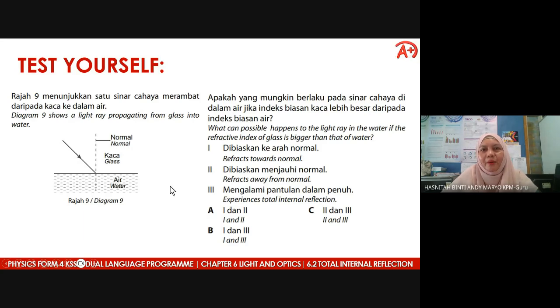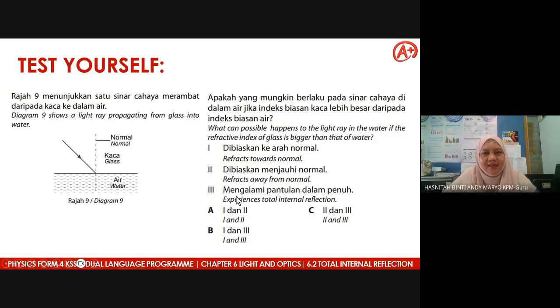Okay, so what possibility might happen? Number one, is it possible to refract towards the normal? From high dense to less dense, is it refract towards normal? It is supposed to be away, right? So this one refracts away from the normal.